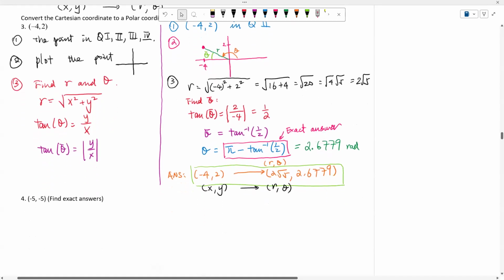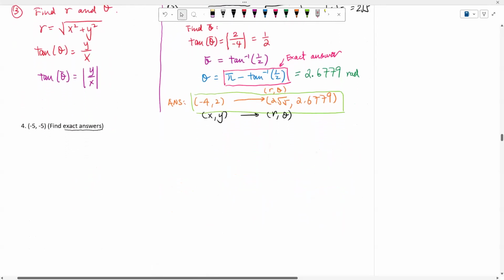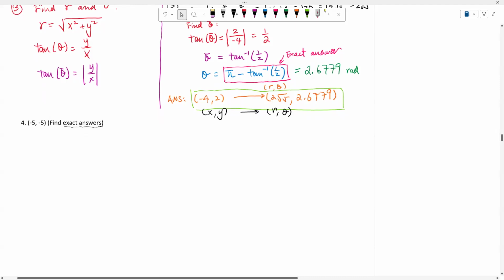Okay. Now the next problem, I would like to find the exact answer. Okay. Then let's see how we figure out the problem. Okay. So again, -5, -5 is in quadrant 3.